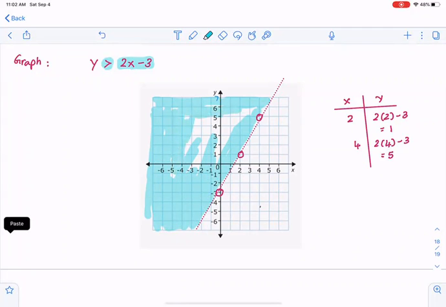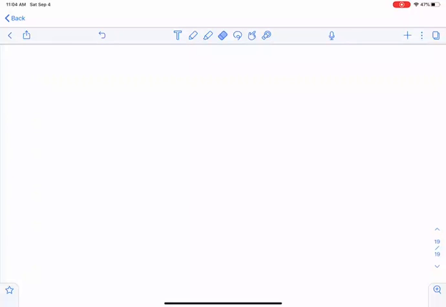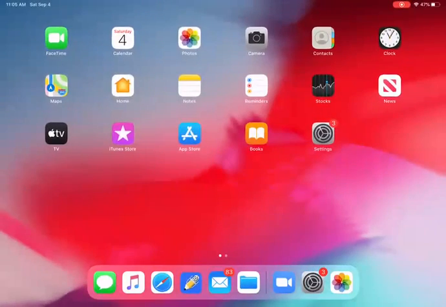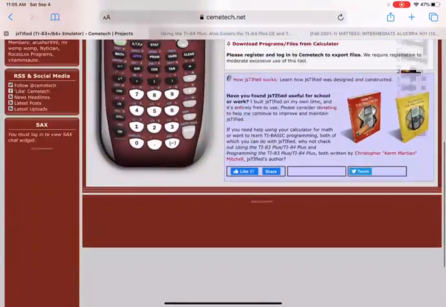But do keep in mind, since we put a dotted line, no point on that line will be a solution, but everything above that line will be a solution. So I'm going to use the calculator and sketch the last one, which is 2x minus 3.